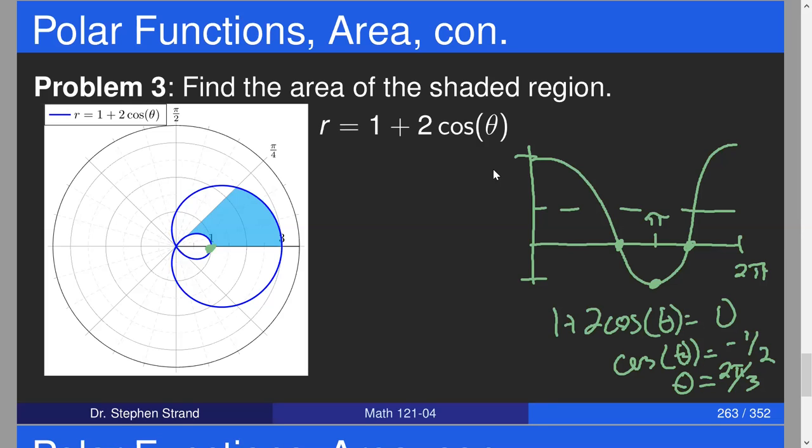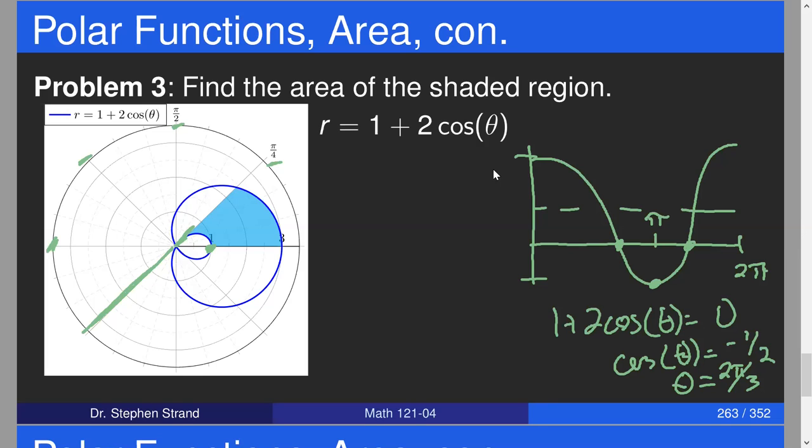Okay, so that's cool. All right, so that's pi. That's where that happens. And then it actually looks like it doesn't quite make it to 0 here. So I bet that what we want is this angle here. So what is that going to be? So this is pi over 4, 2 pi over 4, 3 pi over 4, 4 pi over 4.